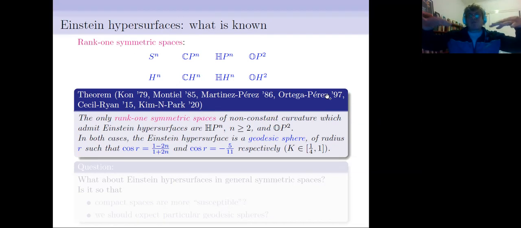This could possibly be a reason, because the last step in all these proofs, when you have this geodesic sphere, is this: you have your curvature adapted hypersurface. You take a normal geodesic at your point, and you look at the second variation.